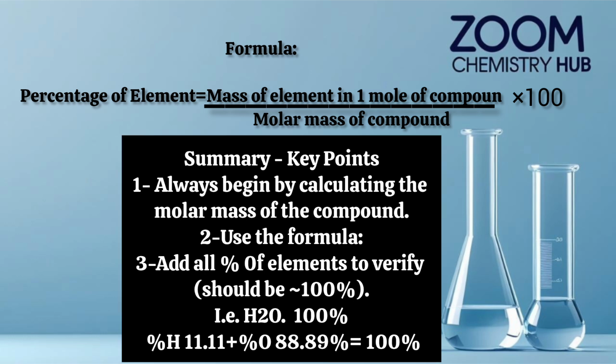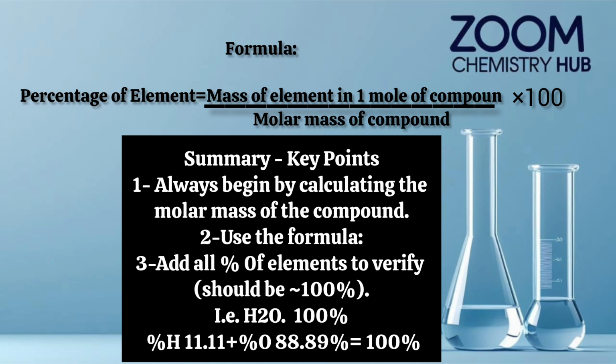We have a quick summary or key points of this whole lecture. First, always begin with the molar mass of the compound. Then use the percentage composition formula and double check that the total adds up to 100%.